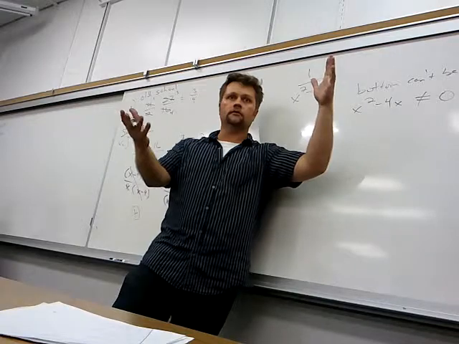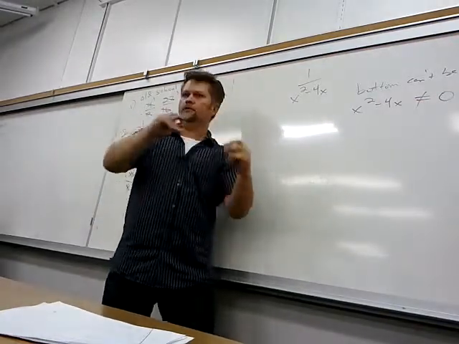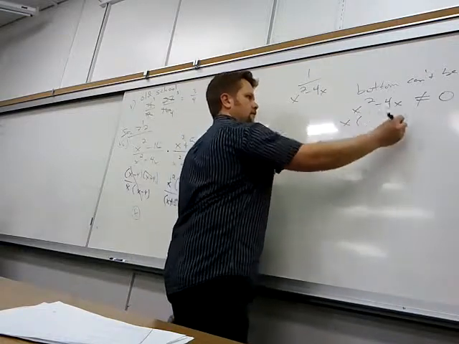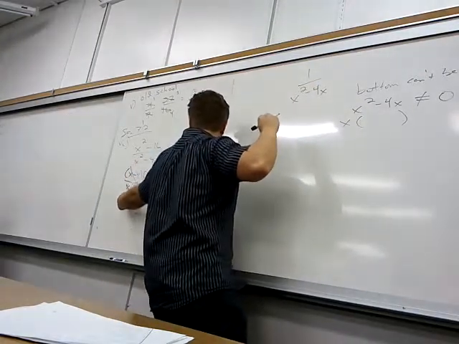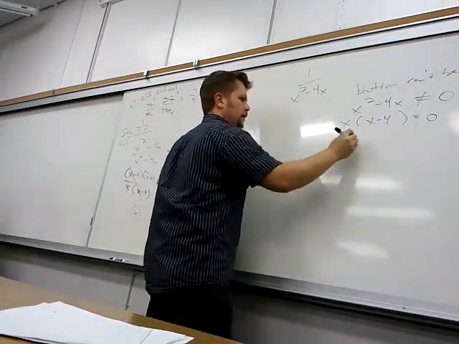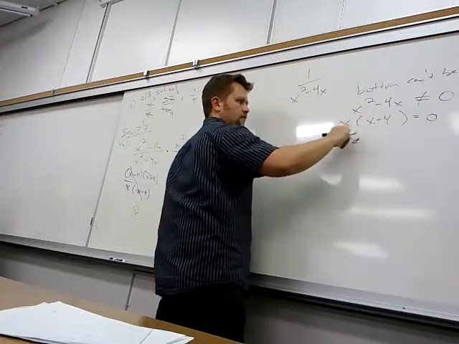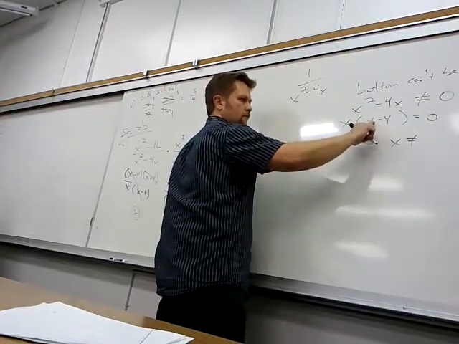Factor it out. That's a higher power than 1, so I can factor it out. We actually already did the factorization here, right? So x can't be what? x can't be 0, and x can't be 4.